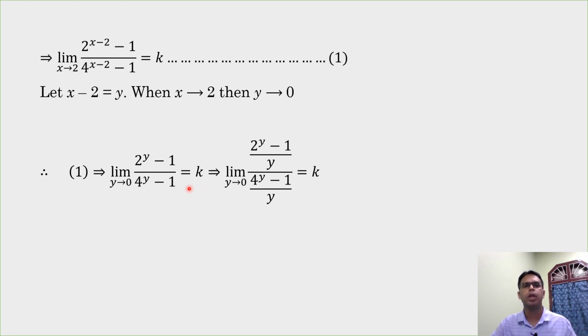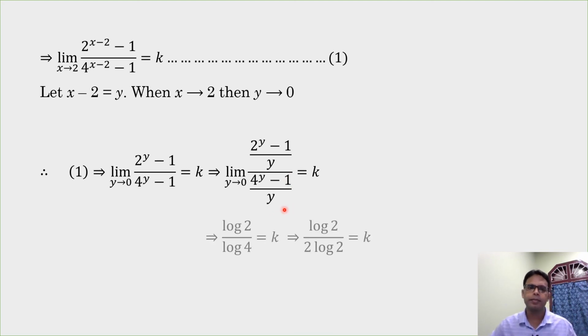So we divide the numerator and the denominator by y. Now the limit of the numerator is log 2, and the limit of the denominator is log 4, using the formula just discussed.